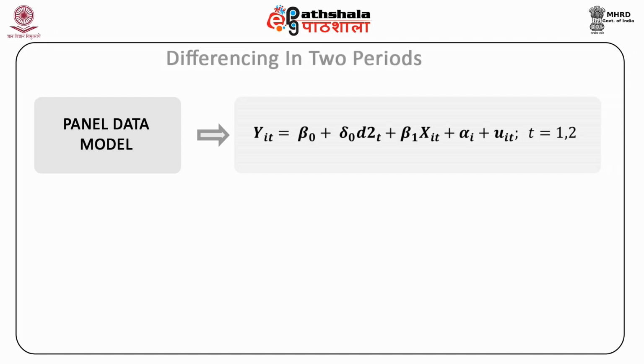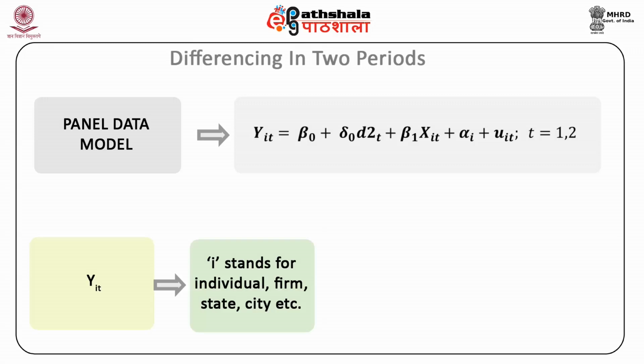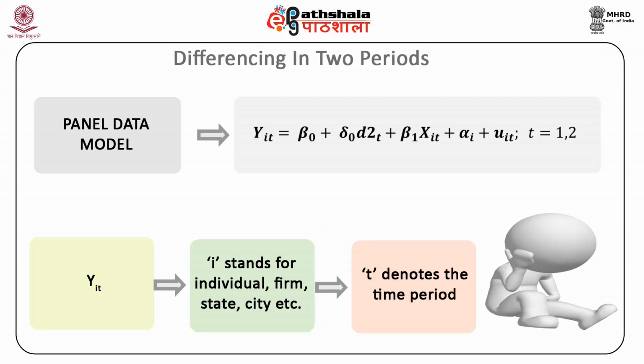This is our equation 1. In this equation, y_it has i, which stands for individual, firm, state, city, etc., and t denotes the time period. D2_t is a dummy variable that equals 0 when t is equal to 1 and equals 1 when t is equal to 2.